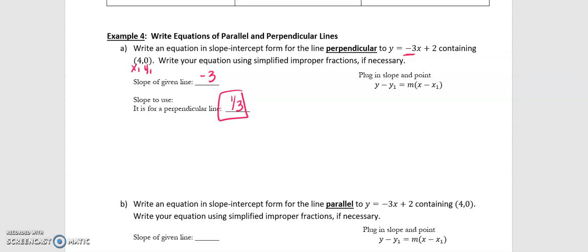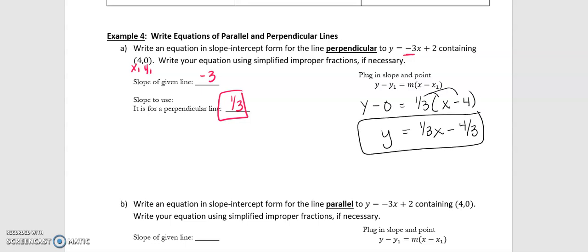So we're going to plug it in, y minus y1 equals m, and then x minus x1. And then we're going to distribute 1/3 x and then negative, and I'm just going to go ahead and take my numerator times this number, which is 4, and divide it by my denominator, which I'm going to leave since that's not pretty. And then I don't have anything to add or subtract to get over here. Since y is now all alone, we're done.